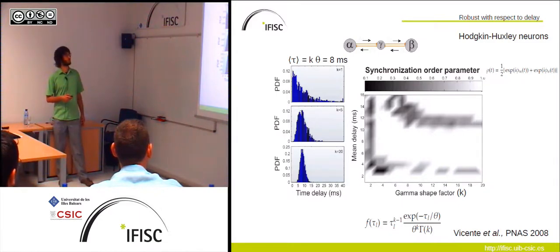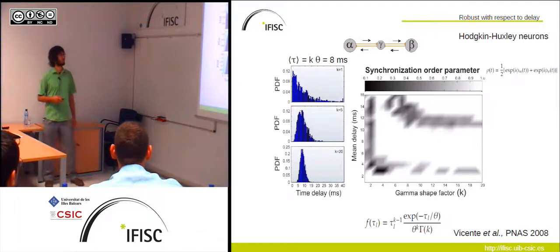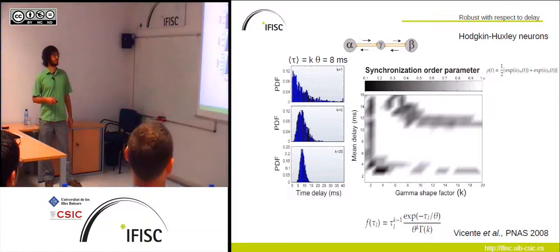We look at the synchronization of the outer nodes, considering this distribution of delays. And we use this order parameter, which is 1 when the outer neurons are synchronized at 0 lag. We use a gamma distribution, which has two parameters, the shape factor k and the scaling factor theta.